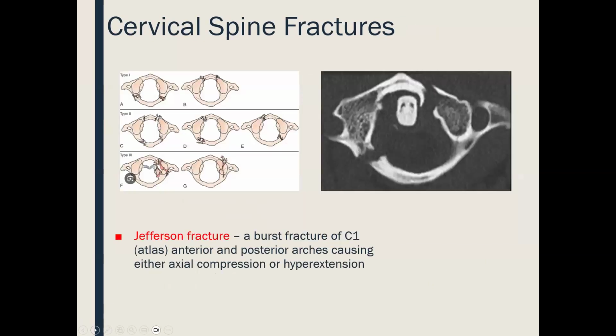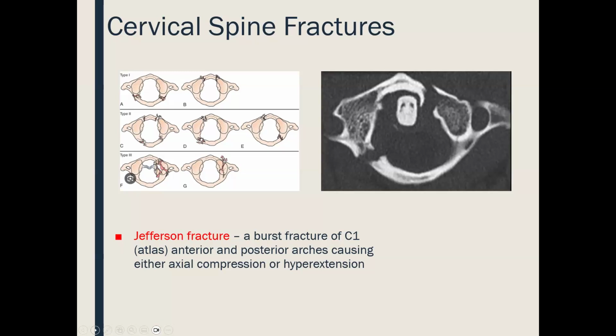A Jefferson fracture is a burst fracture of C1, involving the anterior and posterior arches, caused by axial compression or hyperextension.